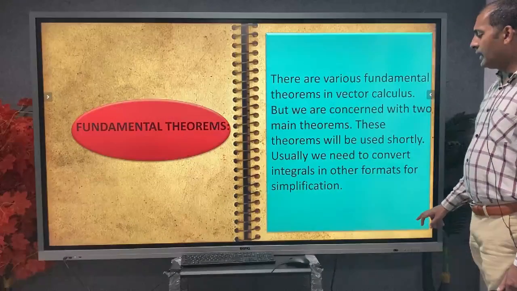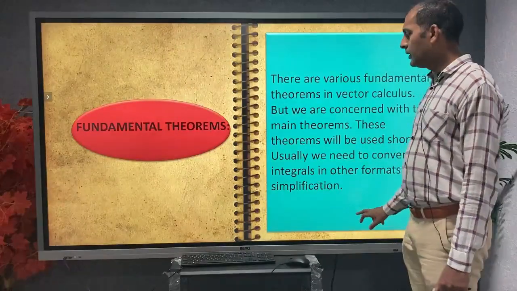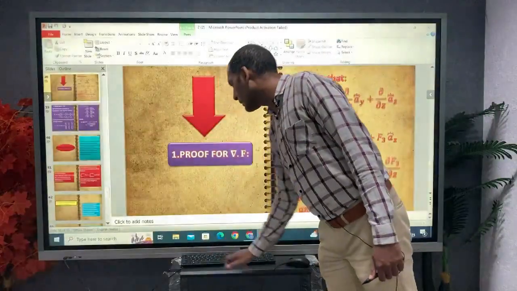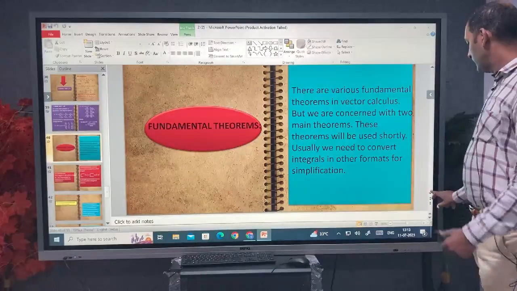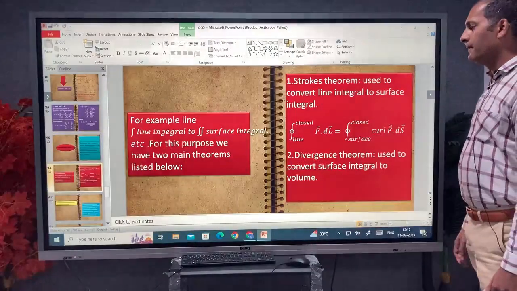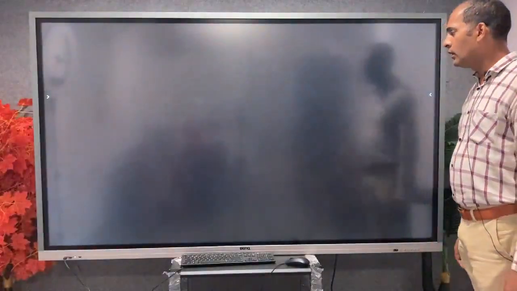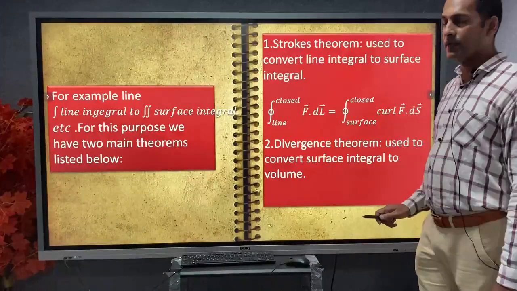There are two theorems related to these two. One is Stokes theorem, another is the divergence theorem. Stokes theorem, in short, is used to convert a line integral to a surface integral.